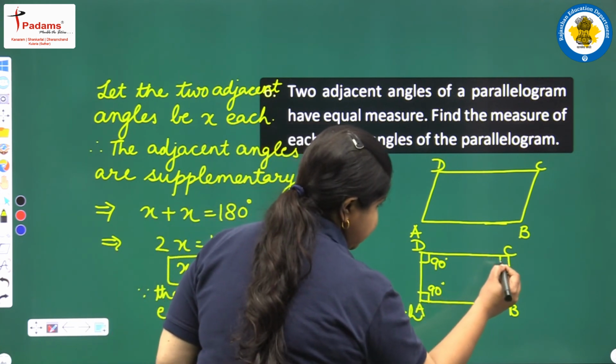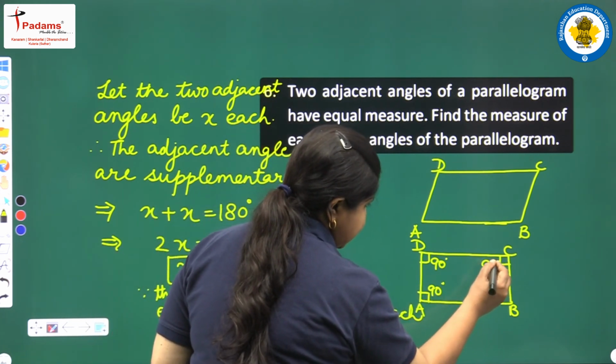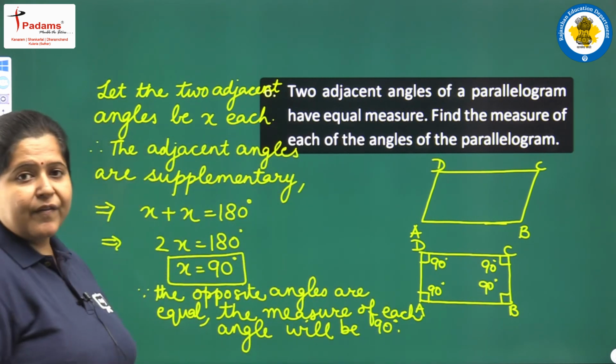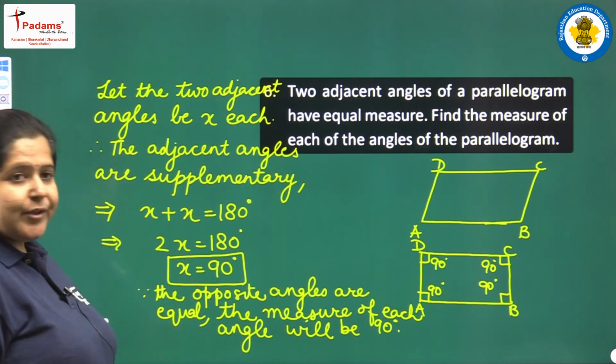Since this is 90, it will be again 90 and this is 90, so this will also be a 90. So this is a case of a rectangle. Is it clear to you?